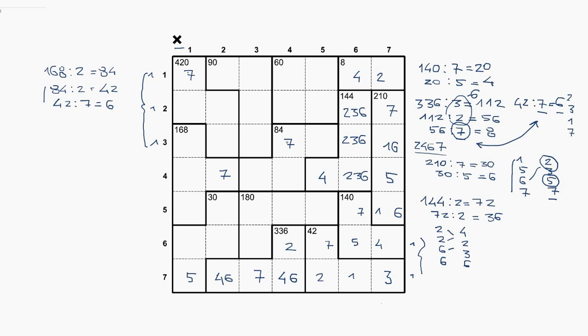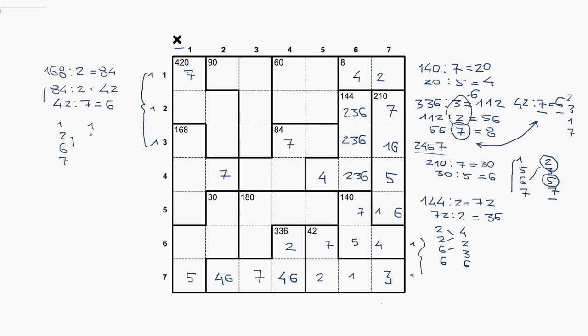Number 84, what are the combination? 84 can be produced with the combination 1, 2, 6 and 7, because there are 4 cells. Is there any other possible combination to produce a number 84 with 4 cells, 4 numbers? Yes, there is. Instead of this 2 and 6, it can be 3 and 4.